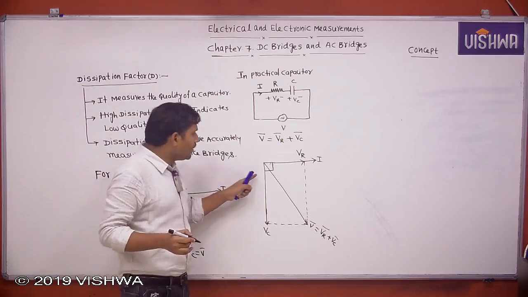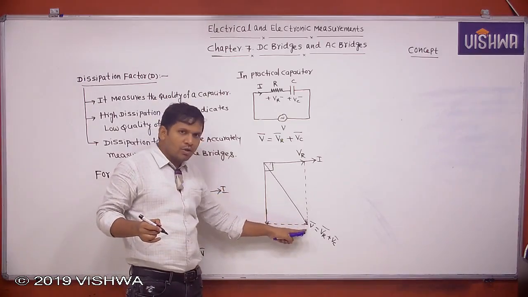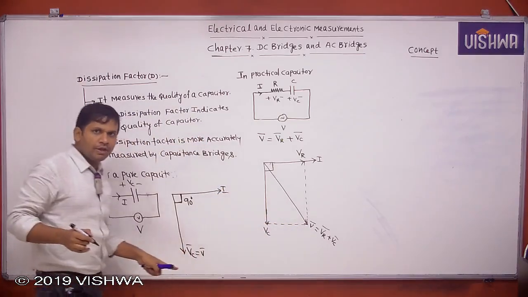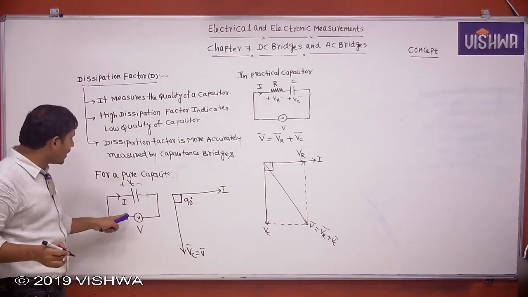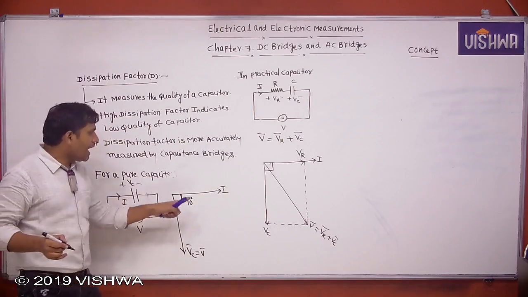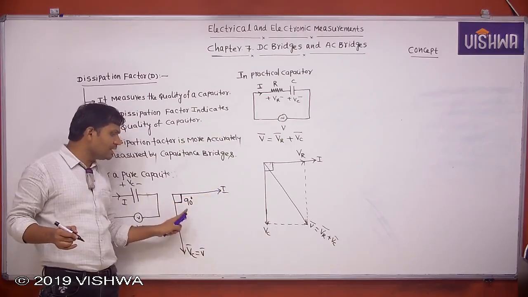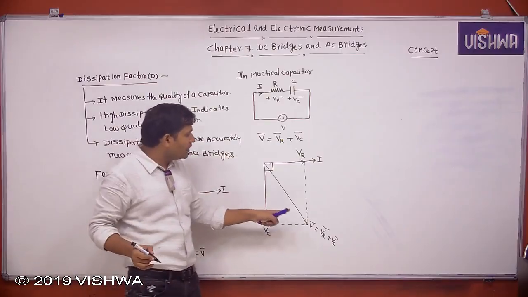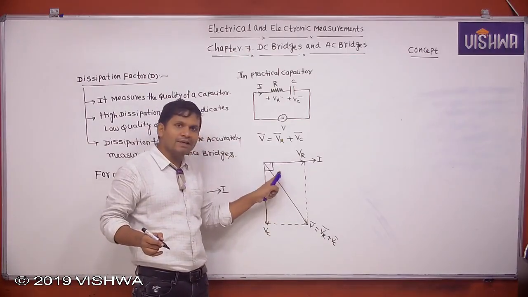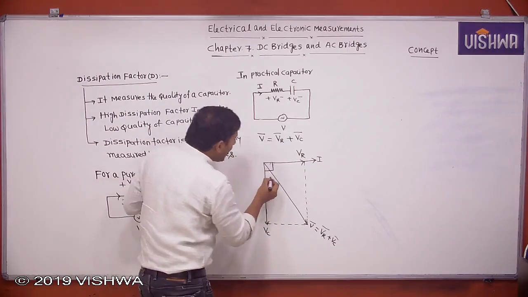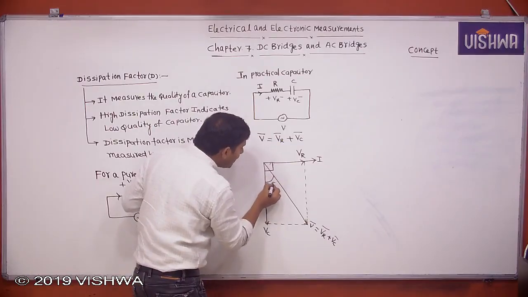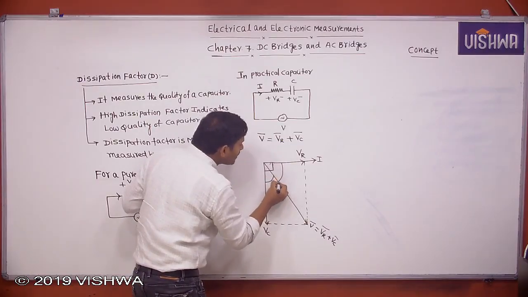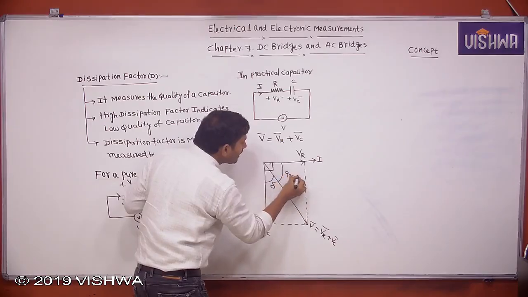I am talking about supply voltage without any resistance, in an ideal capacitor. For a pure capacitor, the angle between supply voltage and current is 90 degrees. Now the angle between supply voltage and current is not 90 degrees. Let it lose some angle, let it lose delta angle. Now the angle between supply voltage and current is 90 minus delta.